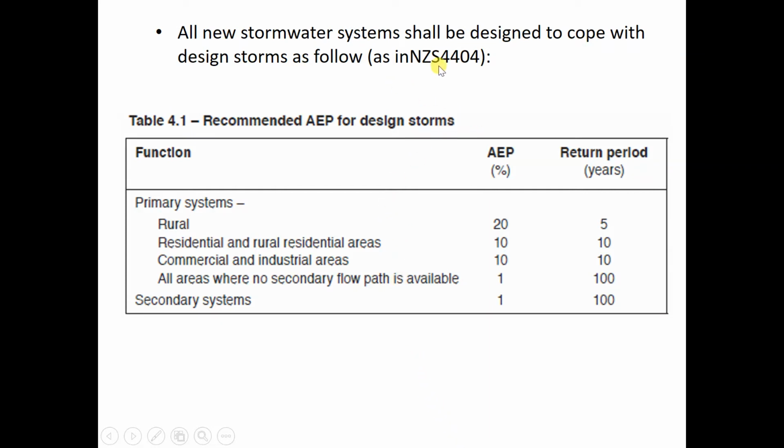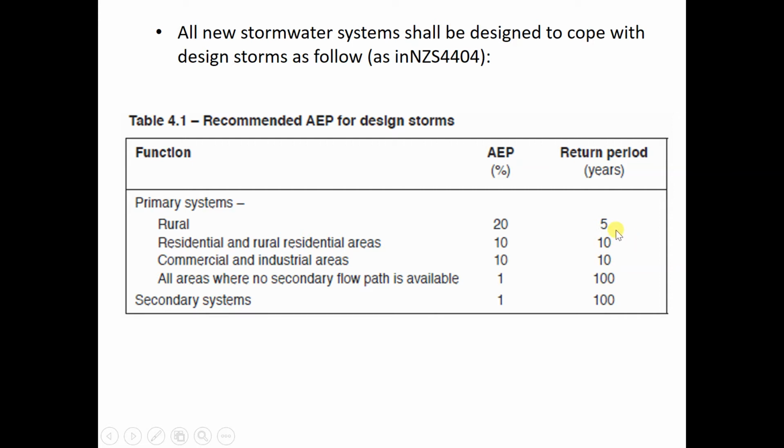So in New Zealand, the stormwater system NZS 4404, the recommended AEP for the design storm. Surprisingly, actually, it is 20%, so 1 in 5 years, 1 in 10 years. So residential is allowed to flood once in 5 years.